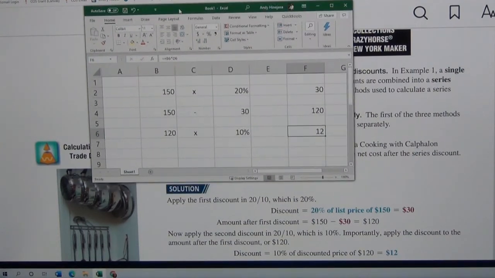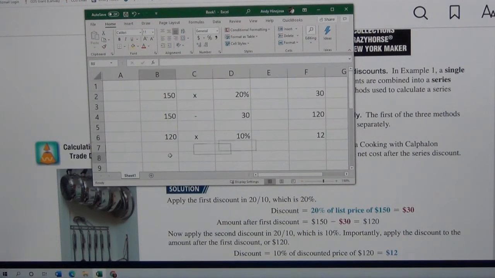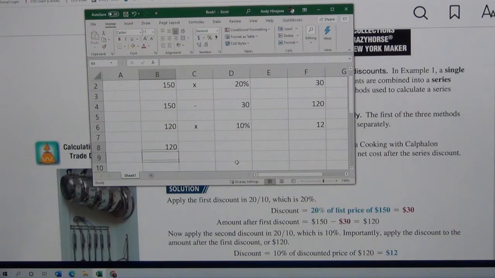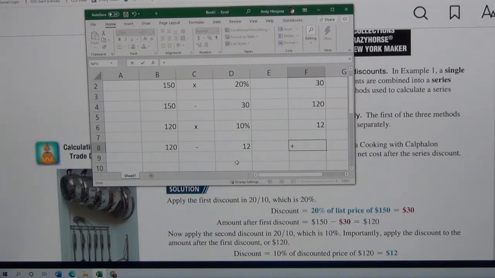With that, we have enough information to run the computations. We'll take the 120 again and subtract $12, so that my net price is going to be $108.